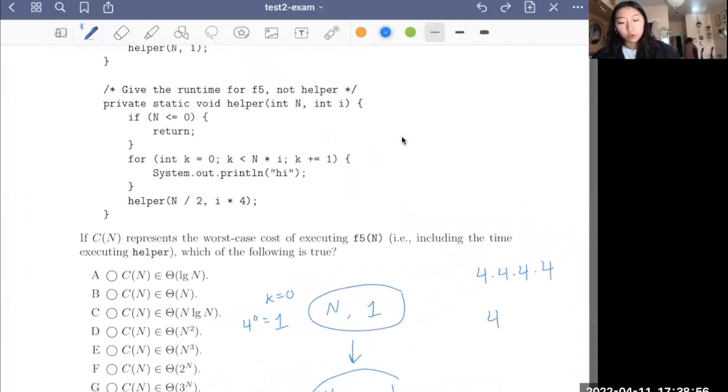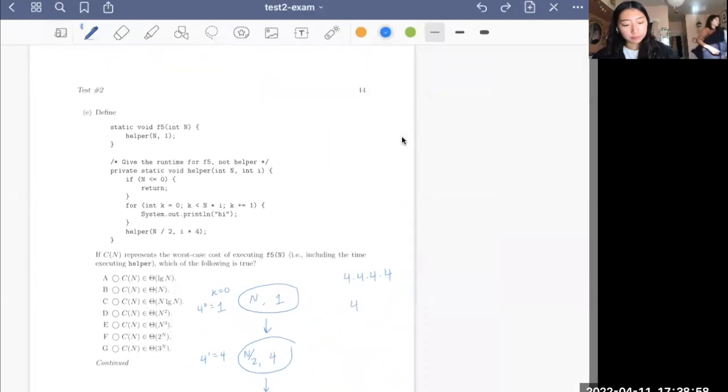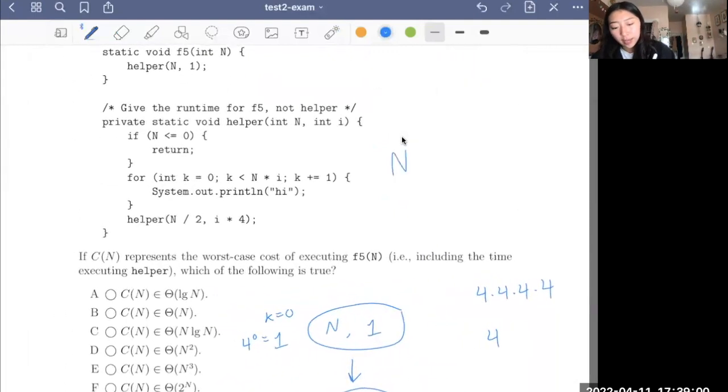So we initially start with a value of n, and we halve it at each level, right? So we multiply by half every single time we go down a level, which means repeatedly multiplying by 1/2 is just 1/2 to some power, where k is the number of levels.